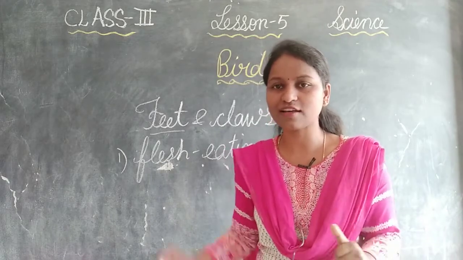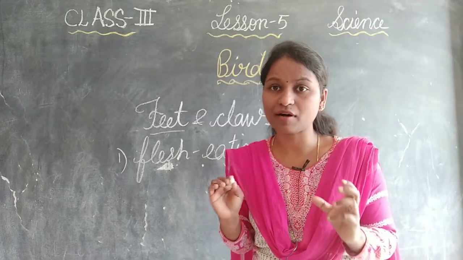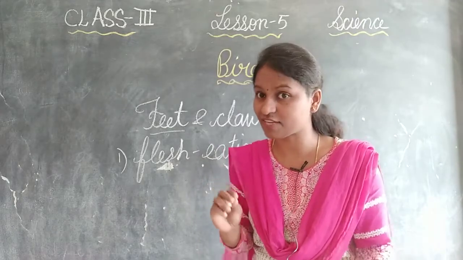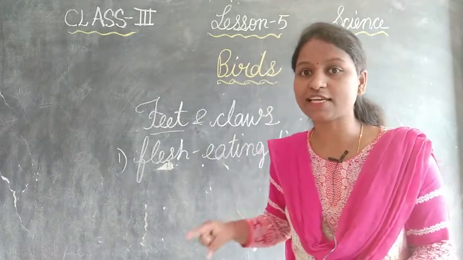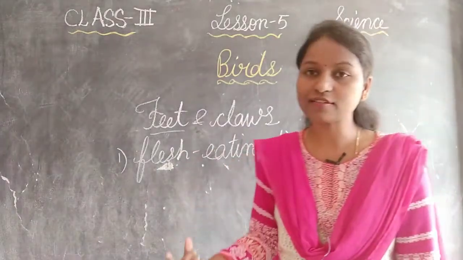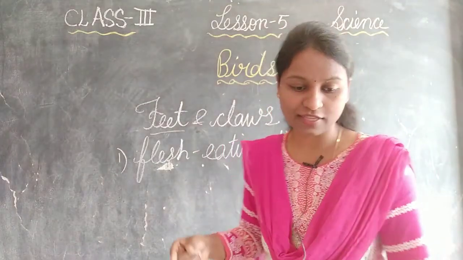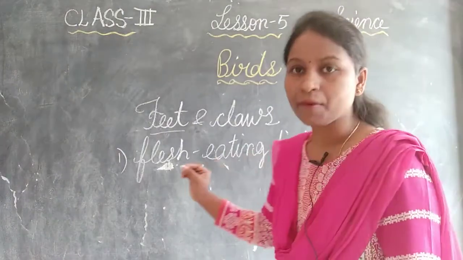As we have seen in the beaks, they have strong, pointed and sharp beaks so that they can tear the flesh. For catching the prey also they need strong feet and claws. So how are they for them? They are strong, sharp and curved claws.